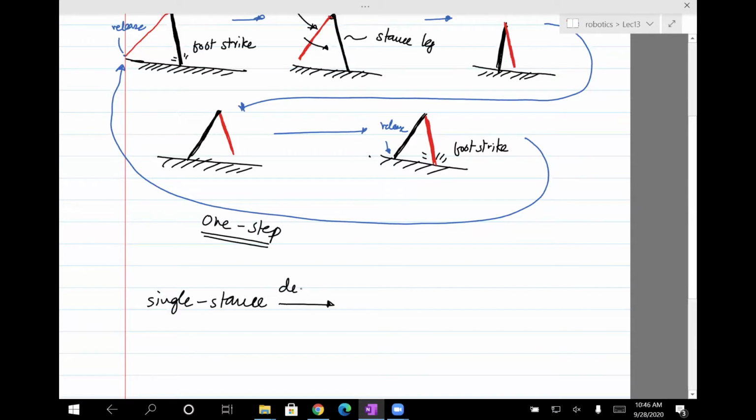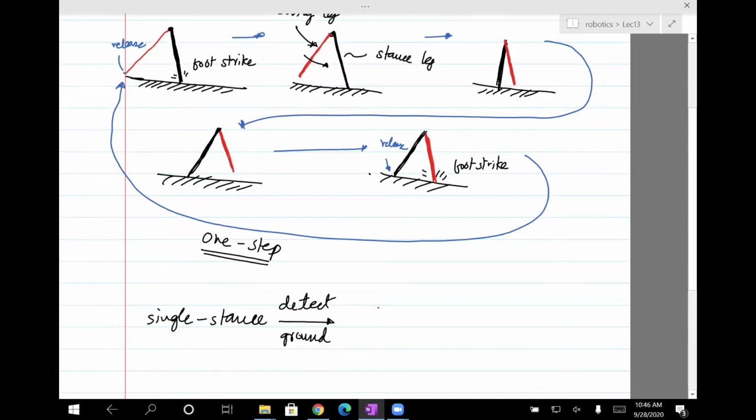So single stance, detect ground. That's where you can see the foot strike. Then there's foot strike. Then a single stance, foot strike.